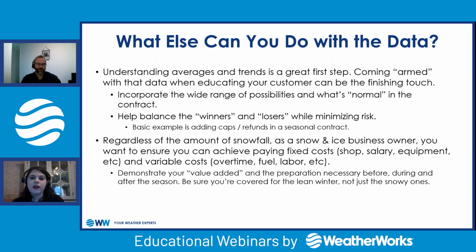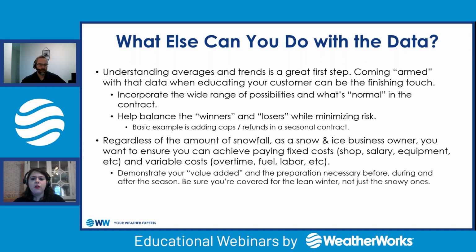Now we're going to construct our contracts and be prepared for that 10-inch event next year, retain a lot of those profits you had from a previous season to prepare for a potential low season. So that's why climatologies come in handy, because you can see what the trends wind up being, you can see where your minimums and maximums wind up being, and you can prepare year to year to account for that kind of variability.